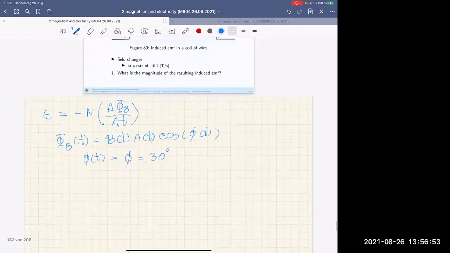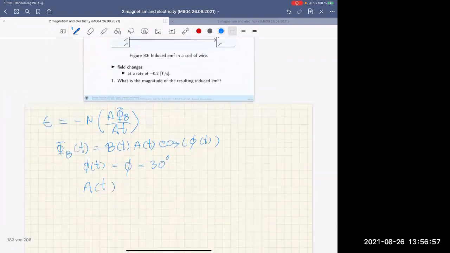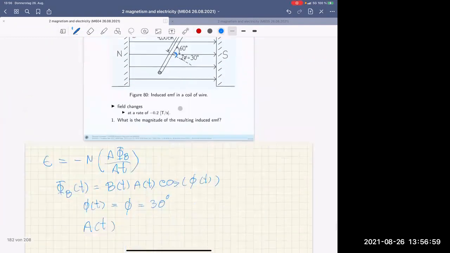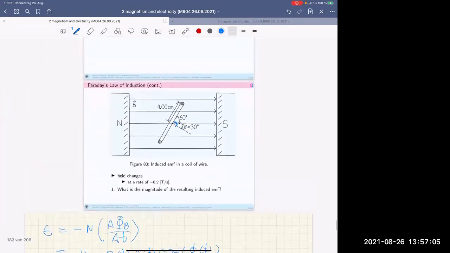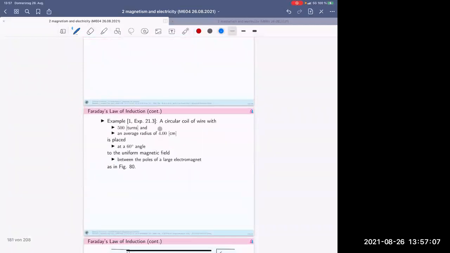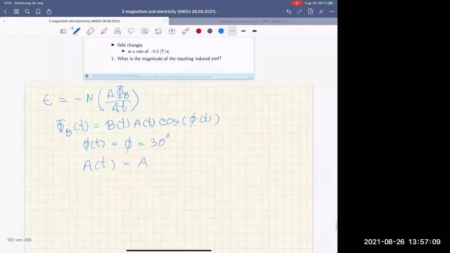And the next thing is the area, right? A(t) doesn't change with time, so it's going to remain the same, which is A, and it's a circular coil, so we have to apply the basic formula from primary school, pi r squared, right?